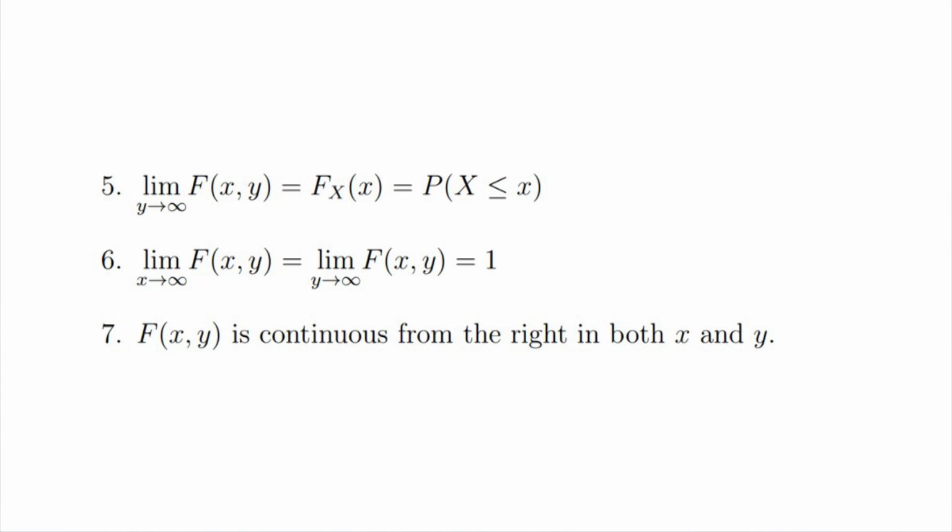The limit as x tends to infinity and y tends to infinity of F(x,y) is equal to 1. F(x,y) is continuous from the right in both x and y.